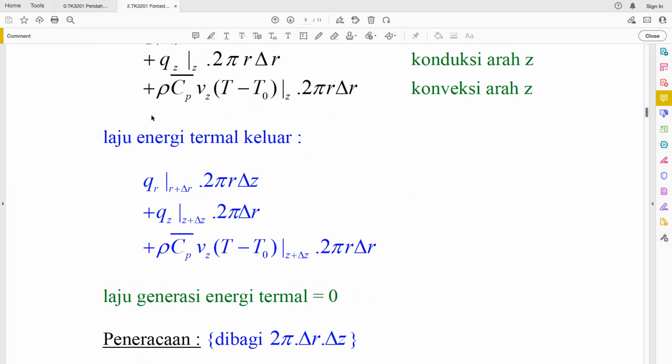So this would be rho Cp Vz delta T at z, and then the outside one would be rho Cp Vz delta T at z plus delta z. Then we multiply with the area that is perpendicular to the direction of the convection.